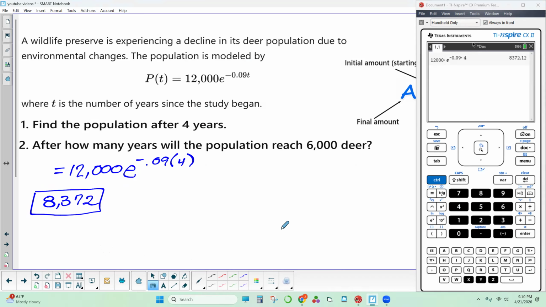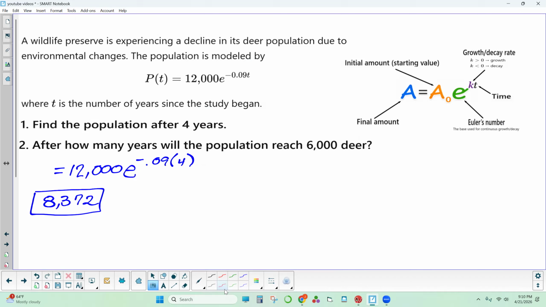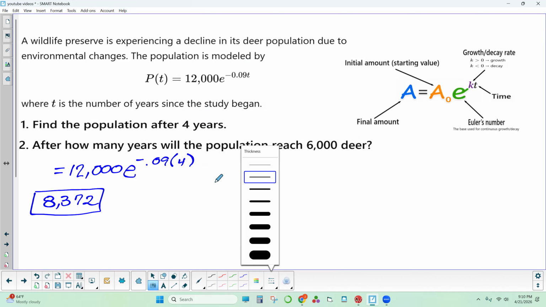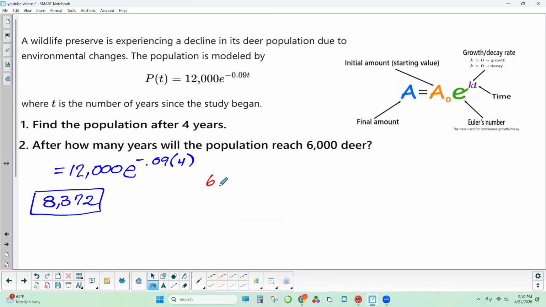Now, for number 2, it says, after how many years will the population reach 6,000 deer? So when will the population reach 6,000?